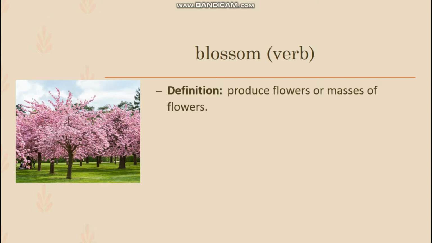This is when flowers are actually beginning to show. You can see that it's a very beautiful image, and it is one of the most magnificent scenes that you can actually see in nature. So see all the colors with the green, with the sky. Now, this is it concerning the definition of blossom.